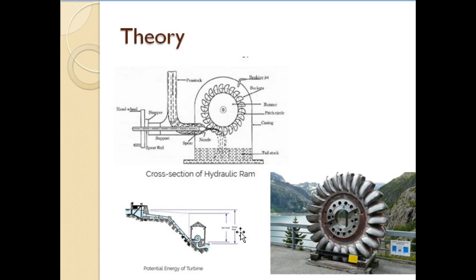But the net head is lesser than the gross head. When water flows through these pipelines, turbines, and connecting or controlling devices like valves, it will lose some of its head. So the head actually available over the Pelton wheel blade is the net head.